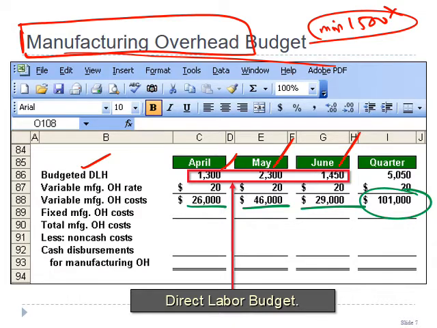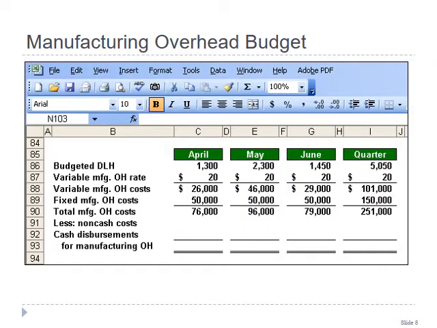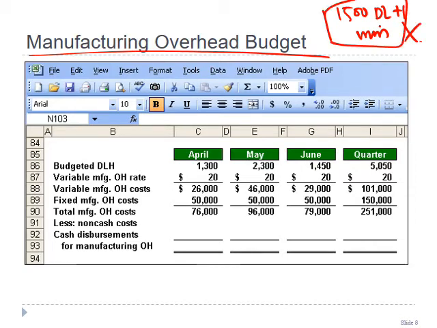So fixed is given. So we are now making our manufacturing overhead budget, so that policy of paying 1500 direct labor hours minimum wages is not applicable here, because we already made the direct labor cost budget, but this is the manufacturing overhead cost budget, right? So we know that in April 1300 hours are used, May 2300, June 1450.